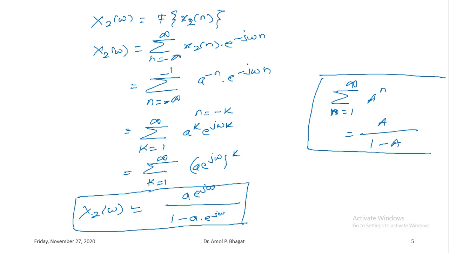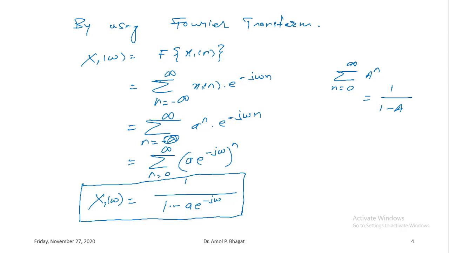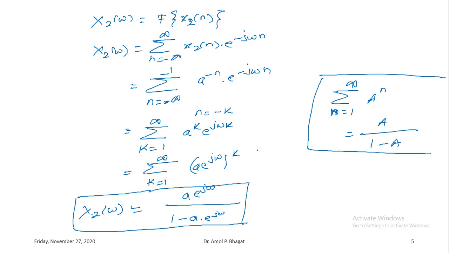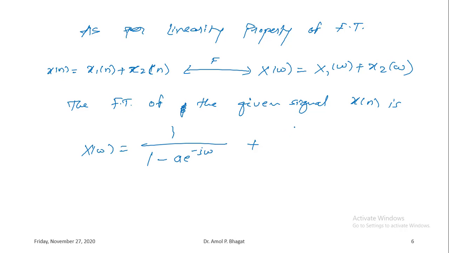So x1 of omega is 1 upon 1 minus a e to the power minus j omega, plus x2 of omega, which is a e to the power j omega upon 1 minus a e to the power j omega.